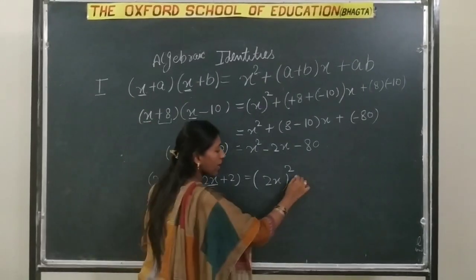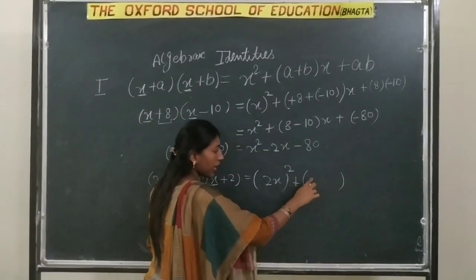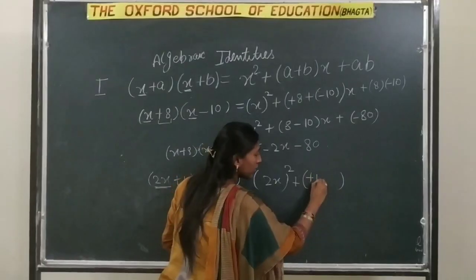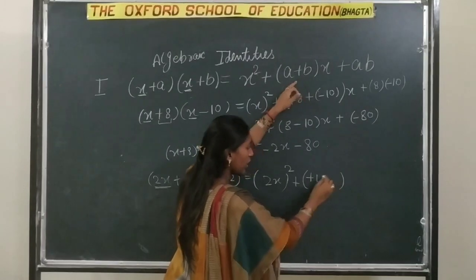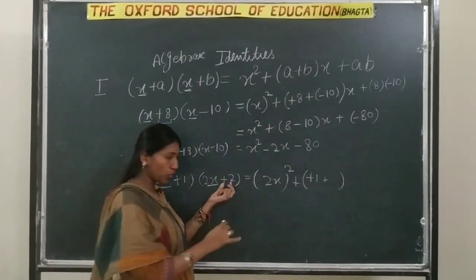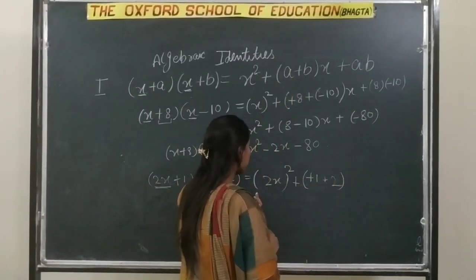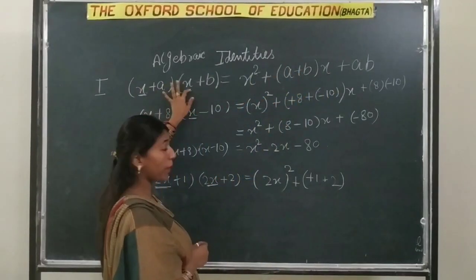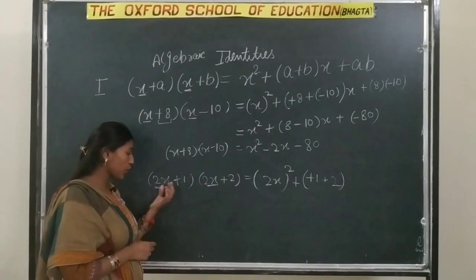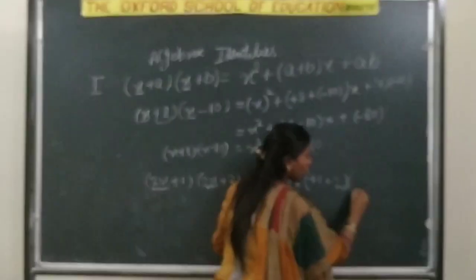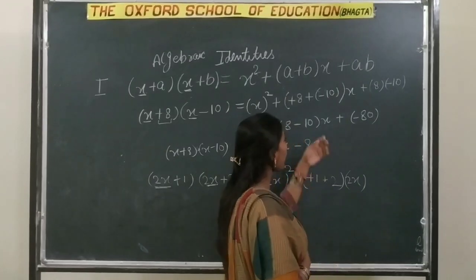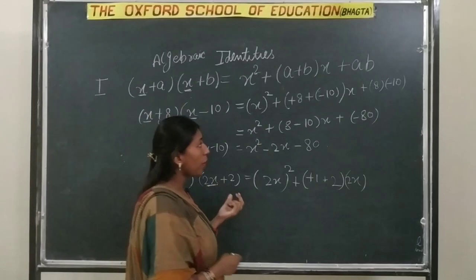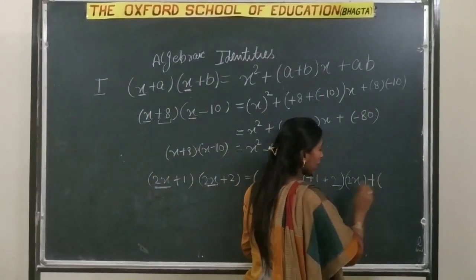Clear? Plus a, value of a is plus 1, then plus value of b is plus 2, next x. What is the x? x is the equal term in both brackets, so the equal term is 2x. Or you can also say x is a variable. So here the variable term is 2x, plus a into b.